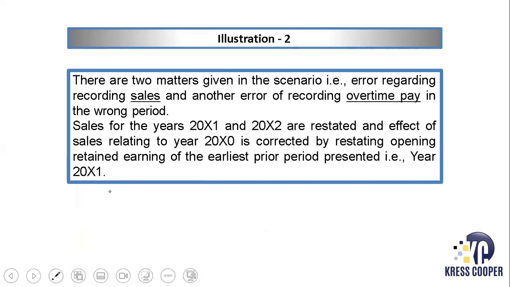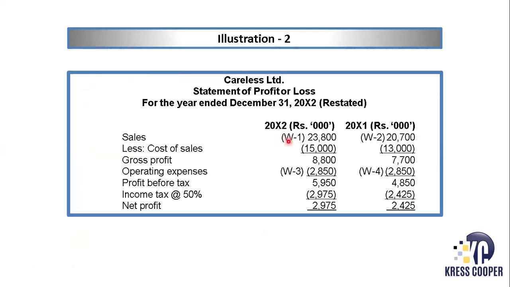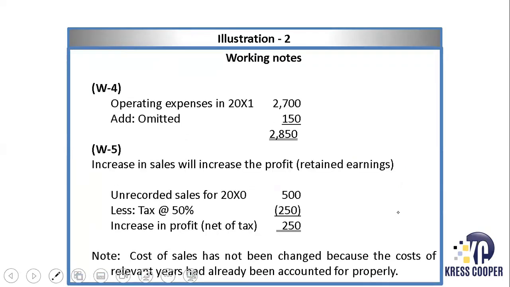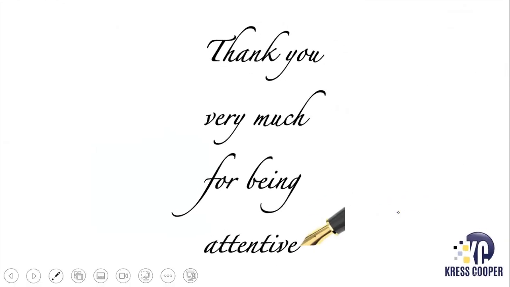The changed figures you will see appearing with the references W1, W2, W3, W4 here, and the ultimate net impact you will have in the retained earnings. Okay, so that's it, and thank you so very much.